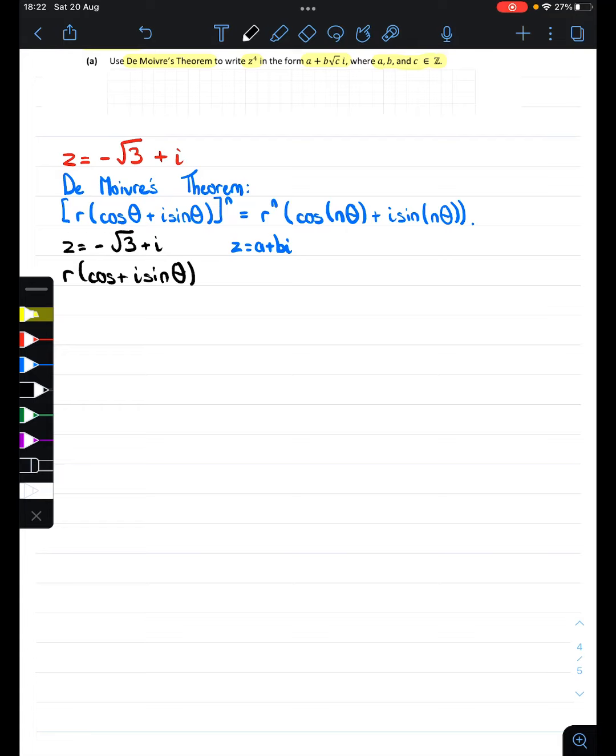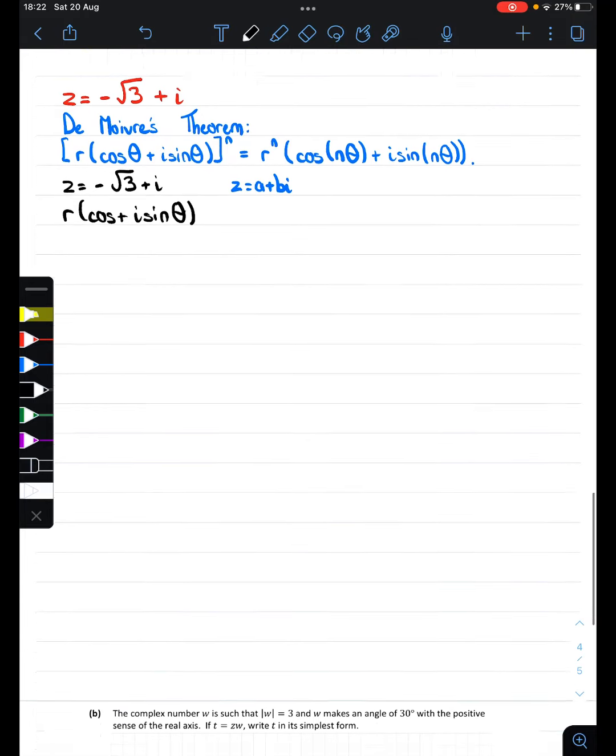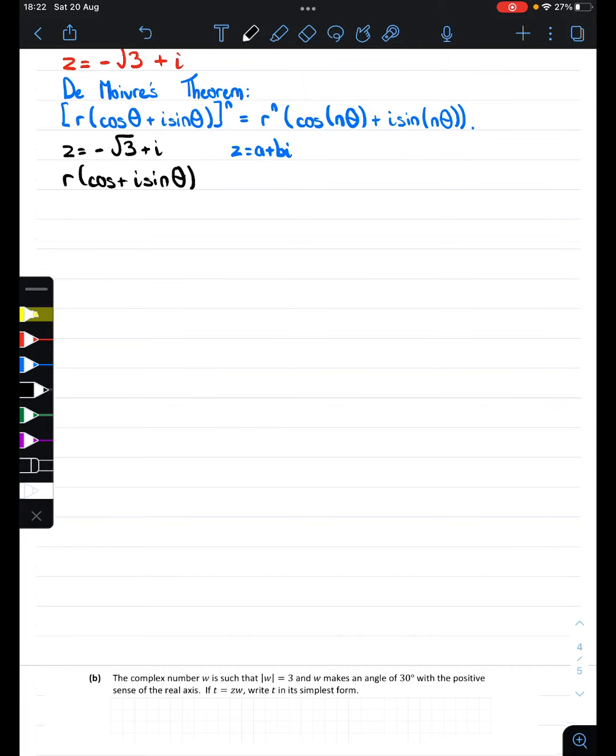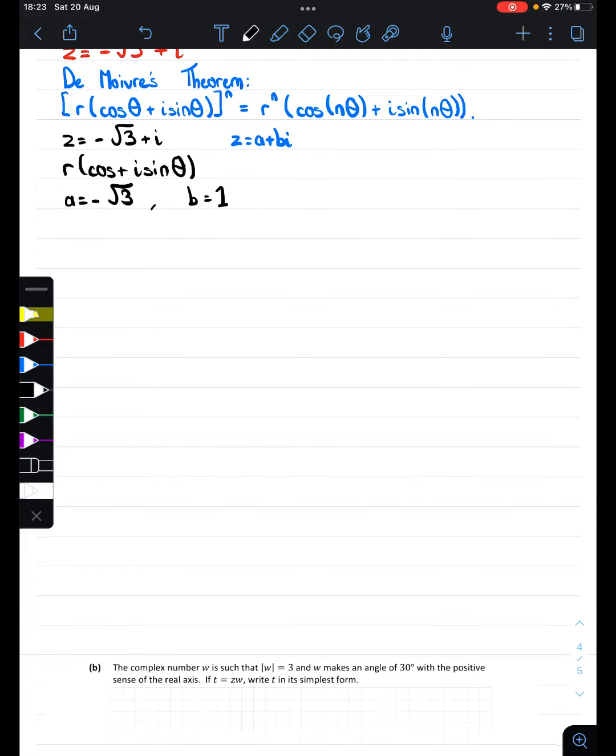But fortunately, we have a very easy step-by-step process to do this. So if it's in the form a plus bi, which it is, with a equal to minus root 3 and b equal to 1, the coefficient of i, then we can write this.